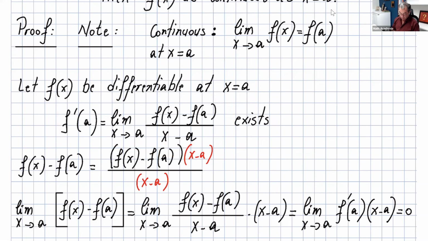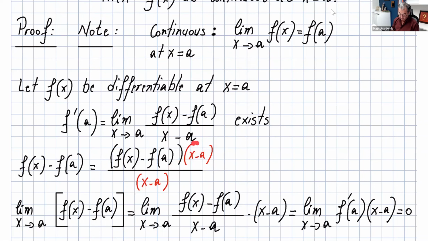Now let's do some manipulation here. Just write f of x minus f of a. You can say it's the same thing if you multiply top and bottom by x minus a. So they cancel and you're going to get the same thing.